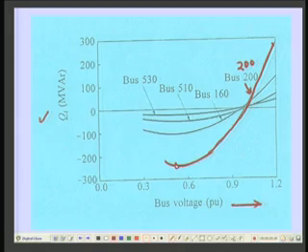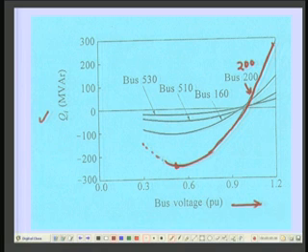But if I see the left part of this curve, then the slope, that is dQ/dV, is negative. It means that when you increase the reactive power injection, the voltage drops, and therefore this portion of the curve, if I take this extended portion like this, is an unstable operating point. On this portion we cannot operate, because if you increase the reactive power, voltage drops rather than increasing.